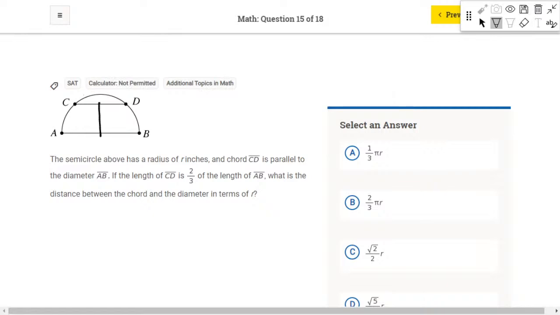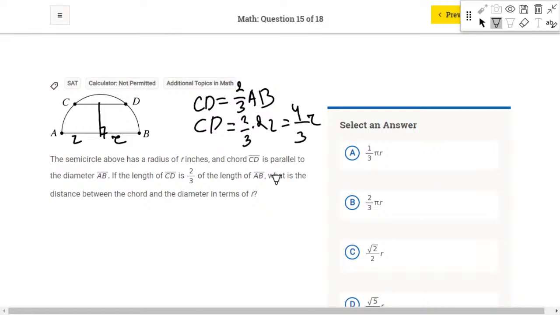So let's redo it all again. We need to find the length of this line. So this is r, and this is r. CD is 2/3 of AB. What is AB? 2/3 multiplied by 2r gives me 4 divided by 3 r.